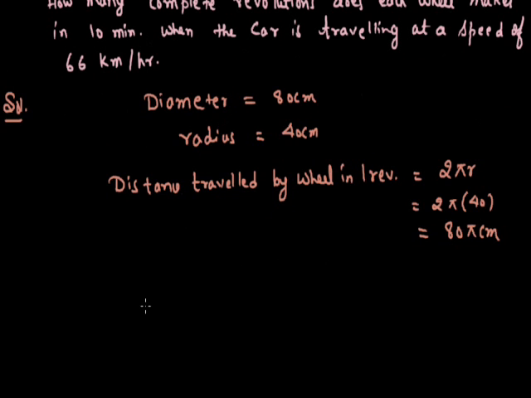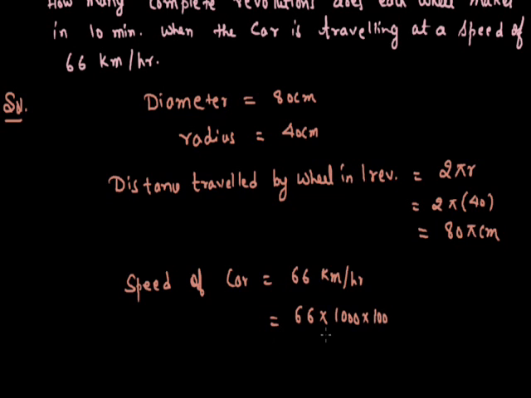Now the speed of the car is equal to 66 km per hour. So by converting kilometer per hour into centimeter per minute, this will be equal to 66 into 100000 centimeter in an hour, upon 60 minute.